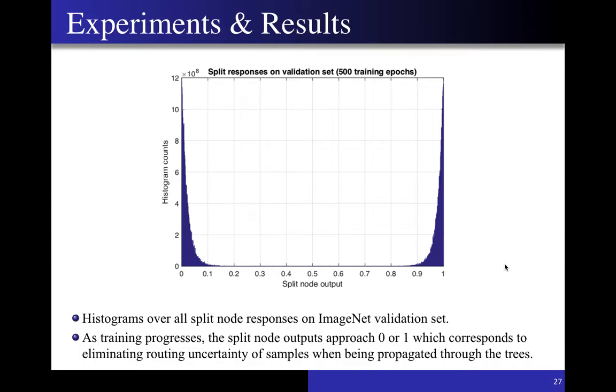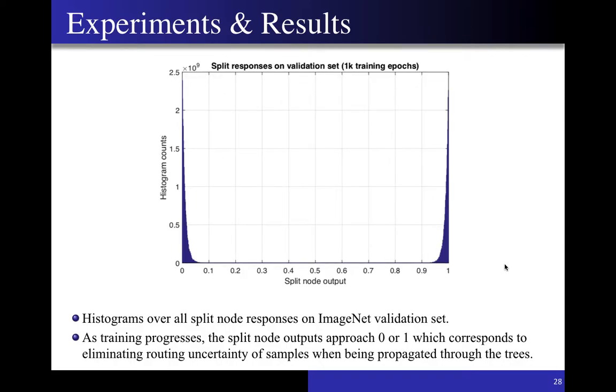As training progresses, the split approaches more towards 0 or 1, which corresponds to eliminating routing uncertainty of samples when being propagated through the trees.